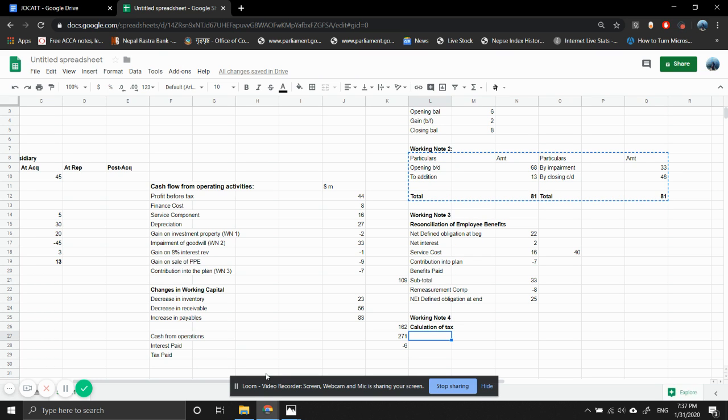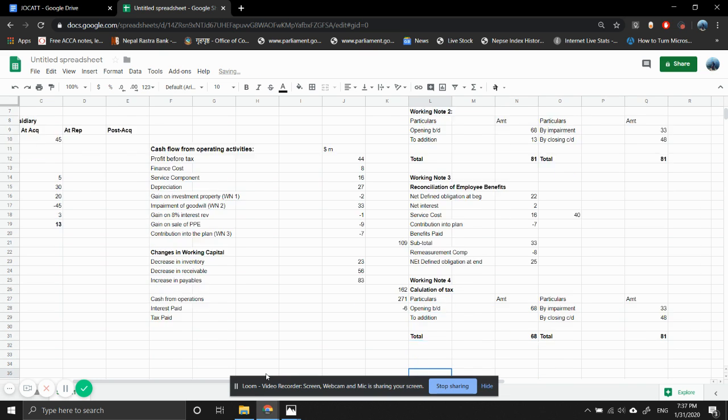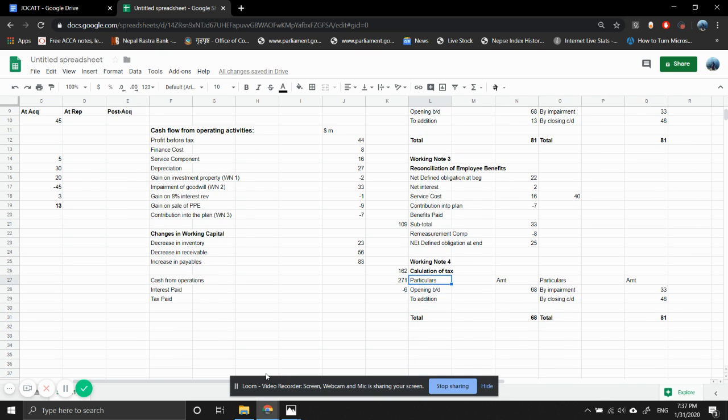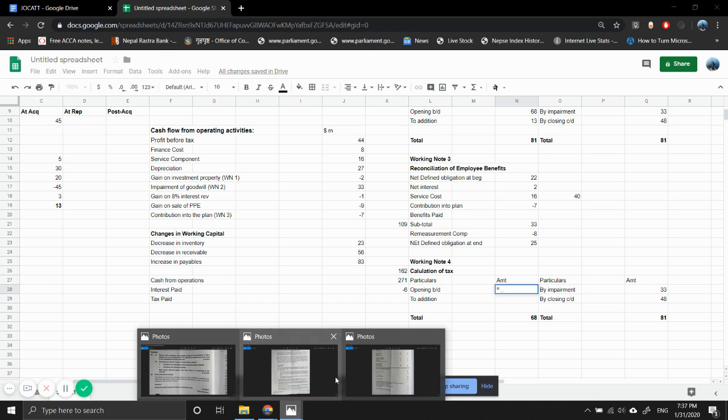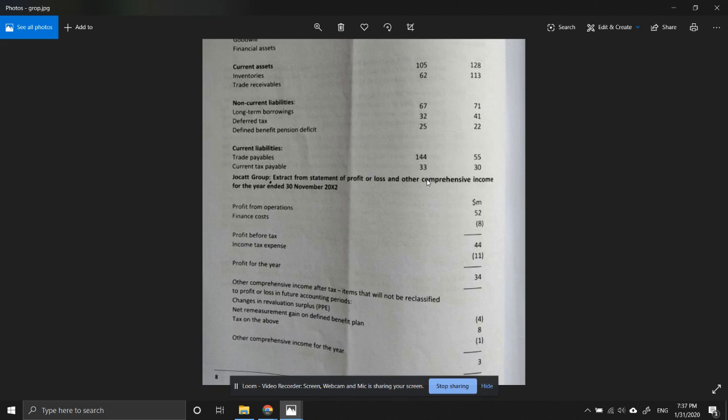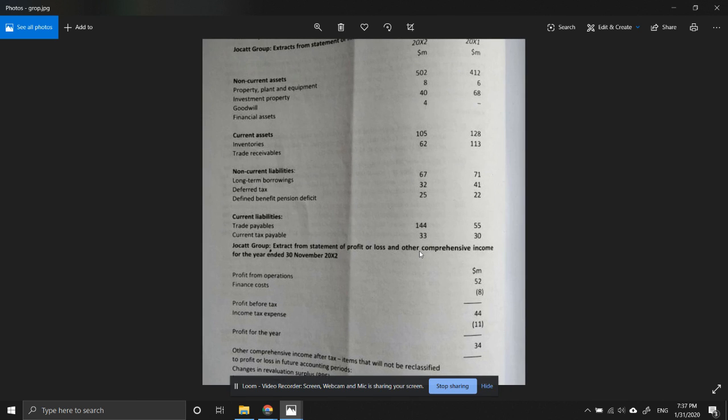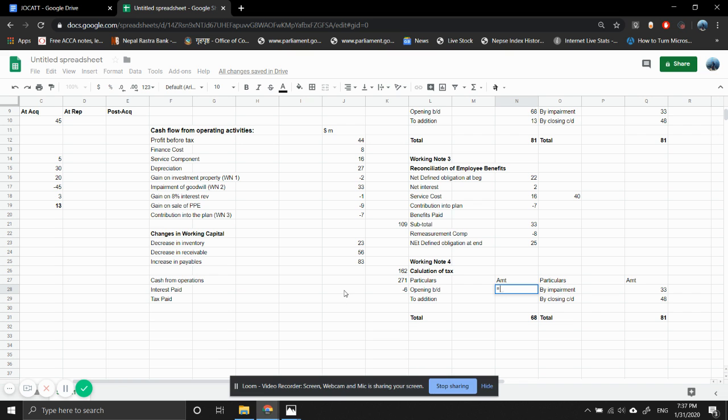Okay, so what's our tax? Always add our beginning tax: deferred tax being 41 and current tax payable being 30, right? That's our opening, so 41 plus 30.